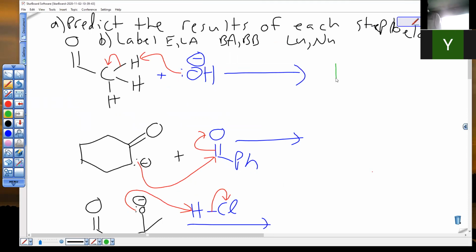Okay, so on this one, it didn't say anything about lone pairs, did it? It should have. Show all lone pairs, in which case, I got to retrofit my originals.